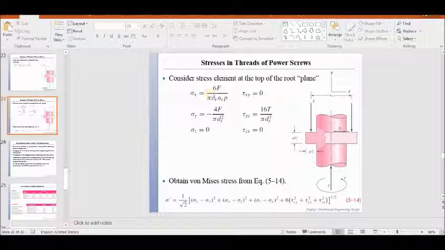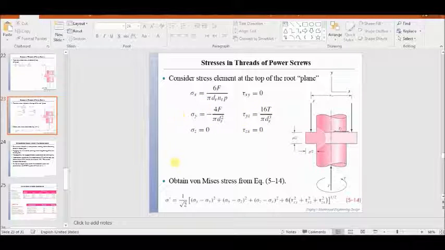So because we have three stresses in two different planes, we have to translate these three into one stress, because we cannot judge based on these three. We don't know whether this thread is going to fail or not by using these three.